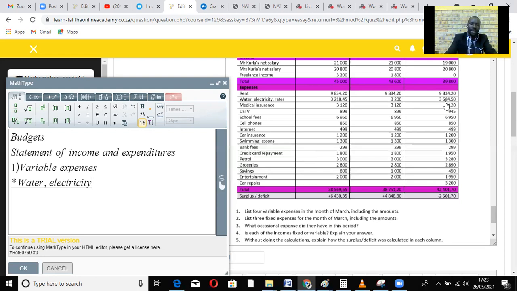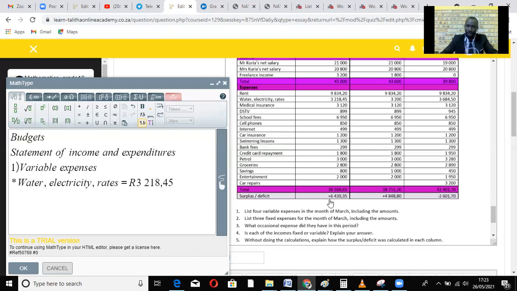We include rates. Well, what is the new amount? Initially it was 3,218.45. That is what the initial amount was. So, well, then it increased to a new amount.